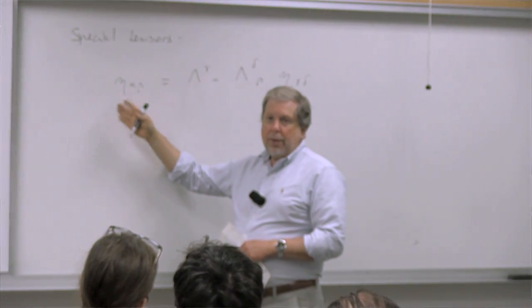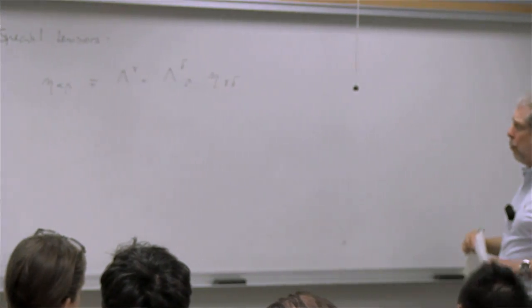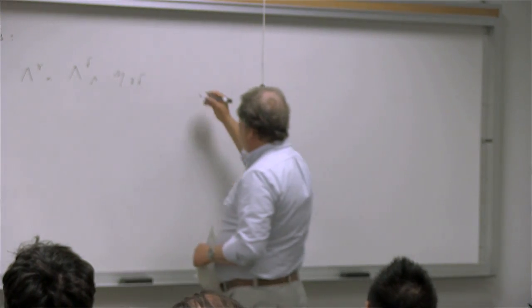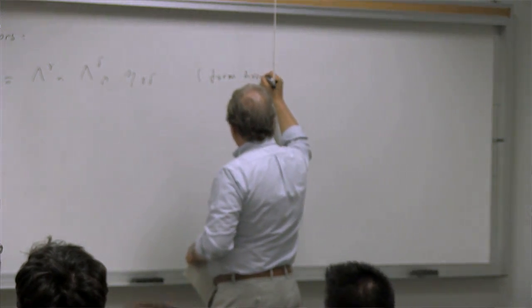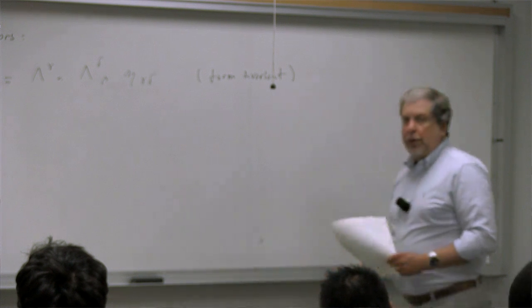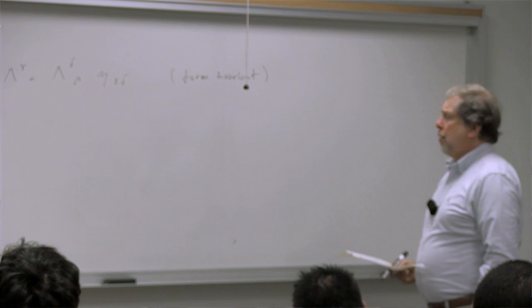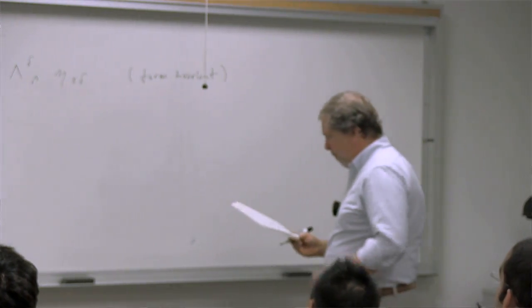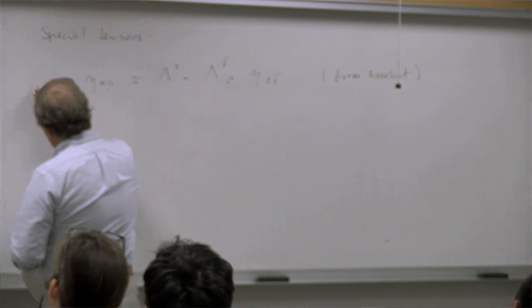So it is transformed, but it's transformed into itself, which is kind of nice. So this is form invariant. It is in fact a covariant tensor because the indices are downstairs, but it maintains the same form. So that's example number 1.